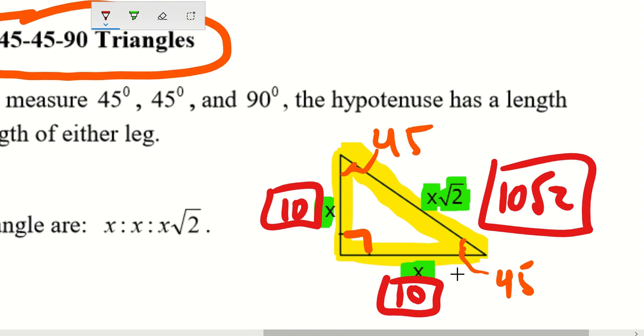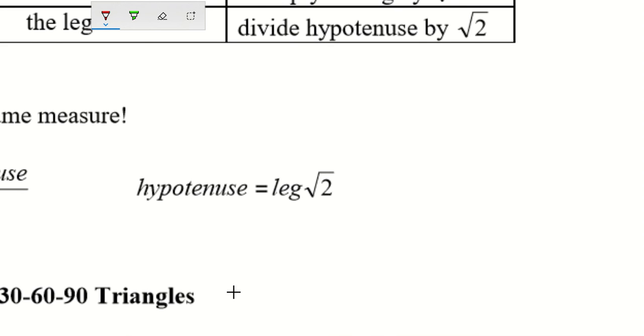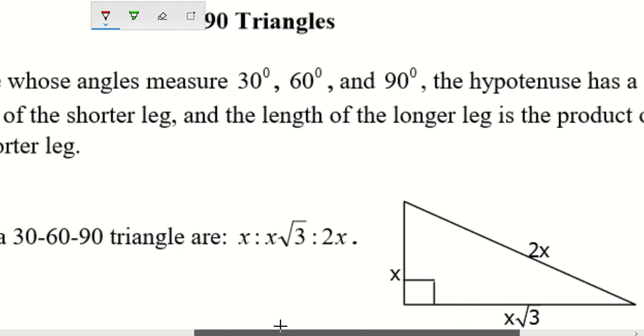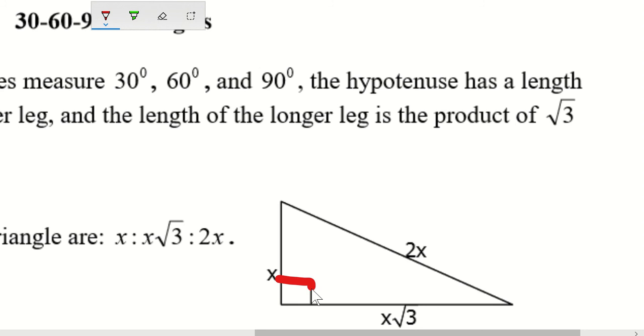So the other special triangle that comes out there is the 30, 60, 90. And if you take a look at the 30, 60, 90, also you're working with 90 degrees, right? The smallest side would be 30, or the small angle, and then this one would be 60, right? 30, 60, 90.